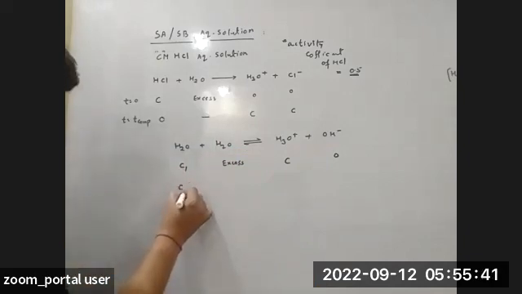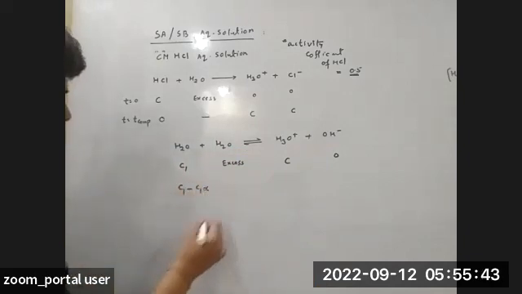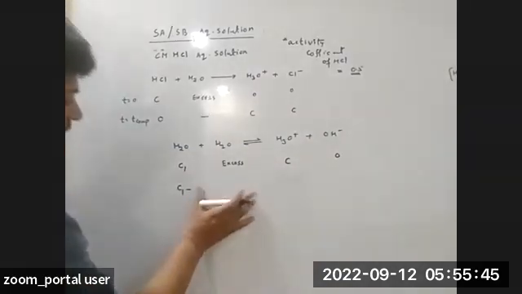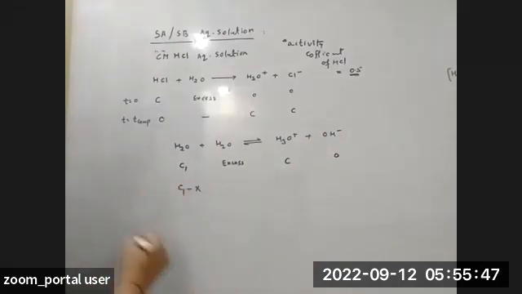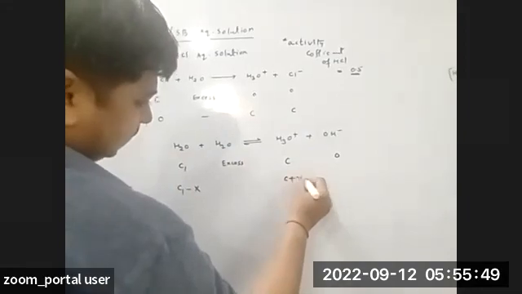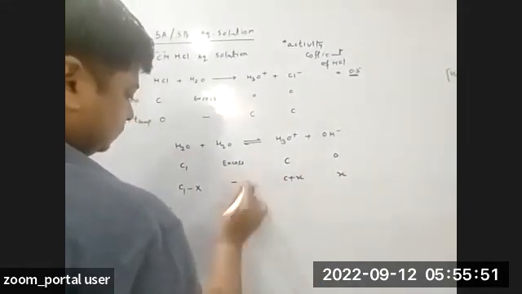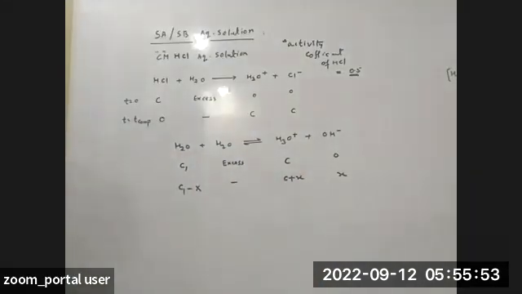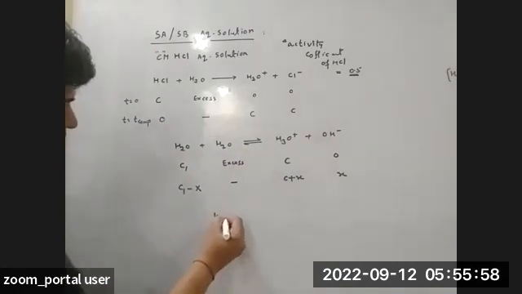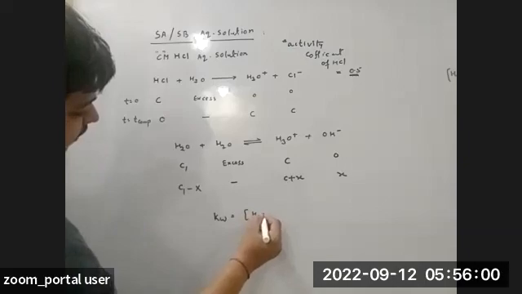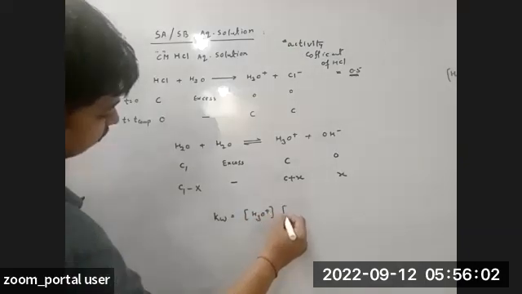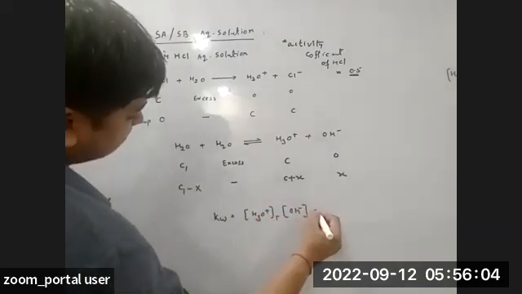Now, at equilibrium, C1 minus C1 alpha, or we can say C1 minus X. Here, C plus X, and this will be X. Perfect. Now, what can we write? Kw is total H3O plus at equilibrium times total OH minus at equilibrium.